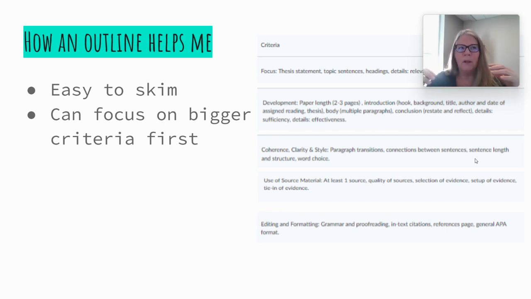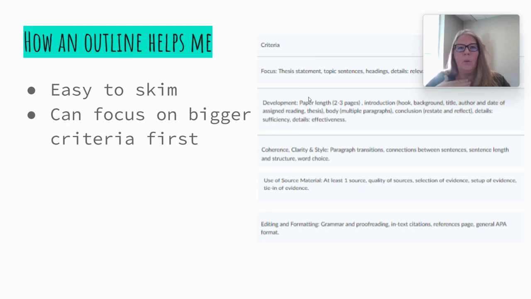And they go from bigger global issues to more specific issues, smaller issues, sentence level issues. All of these criteria are important in writing. But as we go through the writing process, we usually address these bigger criteria up at the top before we start worrying about grammar and proofreading. All right. So we're going to deal with these criteria first.